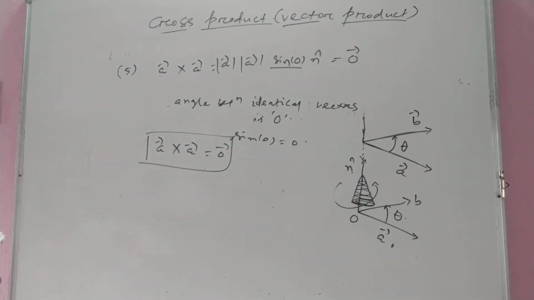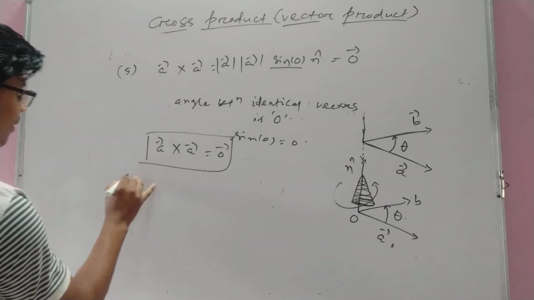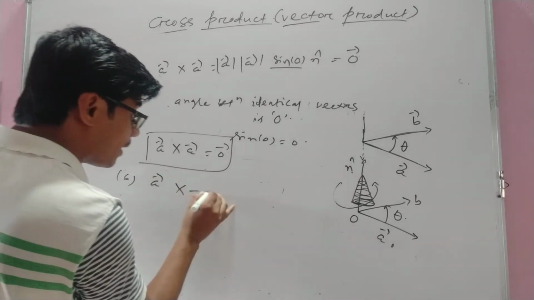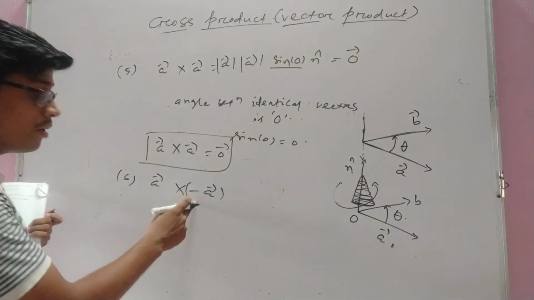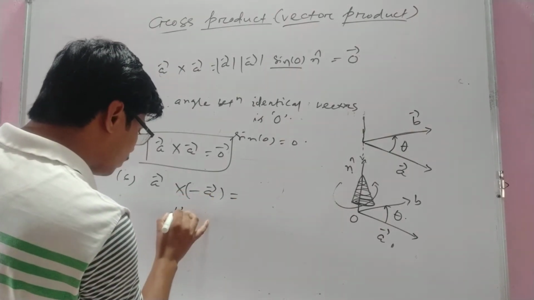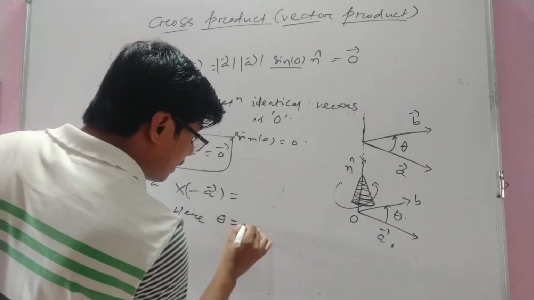From this conclusion, sixth: A vector cross minus A vector. Here the direction is opposite, so the angle is pi.